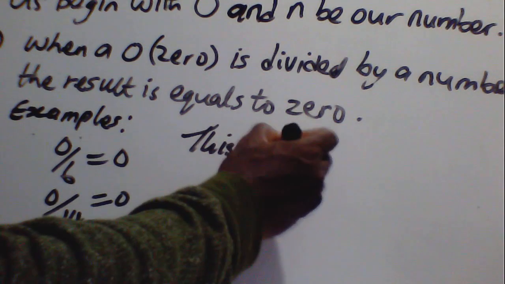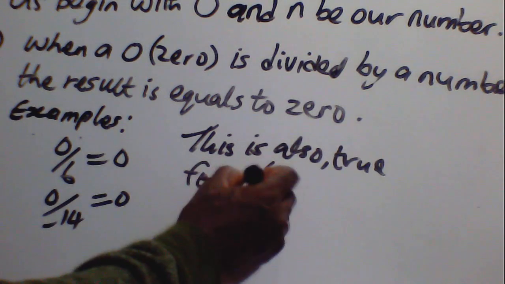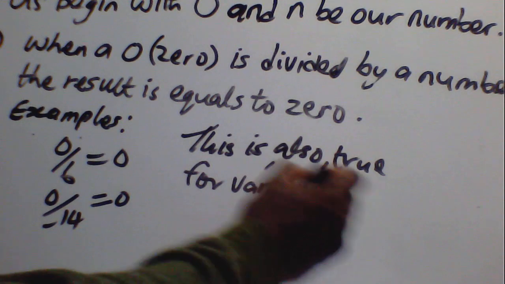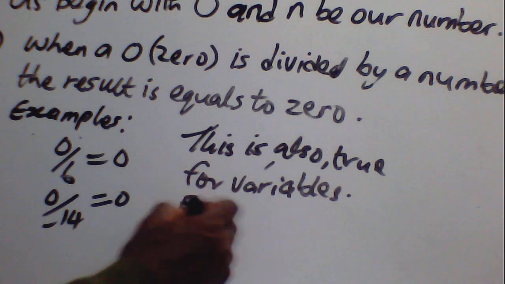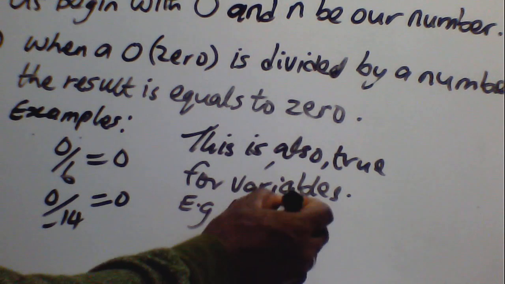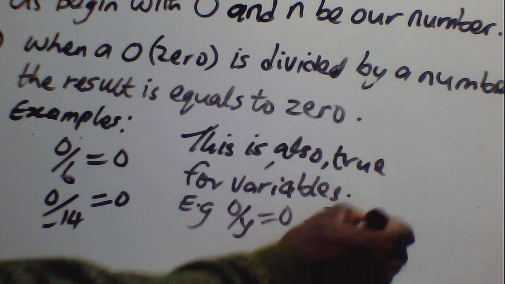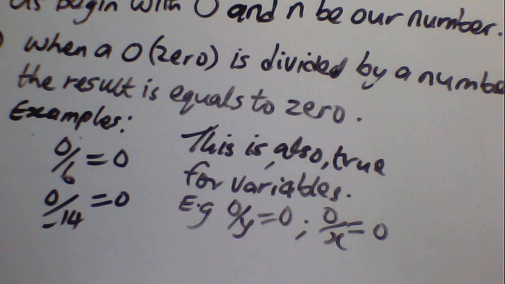This is also true for variables. Example, 0 divided by y is equal to 0. 0 divided by x is equal to 0. So this is the second secret you have to know about 0 as far as mathematics is concerned.